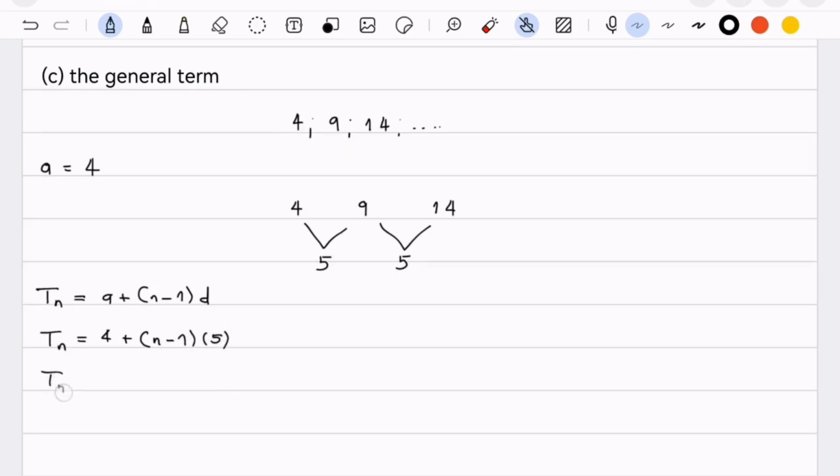So Tn is going to be 4 plus 5 times n, that's 5n, 5 times 1, that's 5. So Tn is going to be 5n, 4 minus 5 will give you negative 1. So therefore, we know that the general term is this. So Tn equals 5n minus 1.